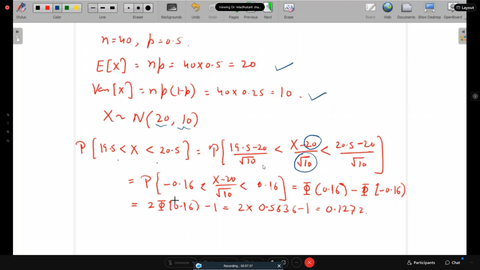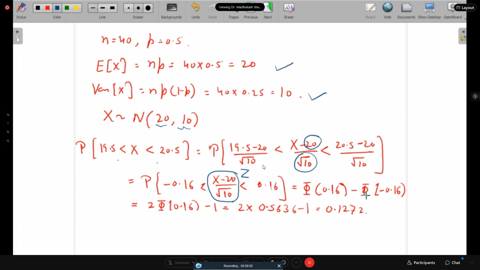If you find the interval, that's going to be minus 0.16 less than (x minus 20) by root 10 less than 0.16. So this is nothing but z. You know the probability of a less than z less than b is phi of b minus phi of a. So it's going to be phi of 0.16 minus phi of minus 0.16.